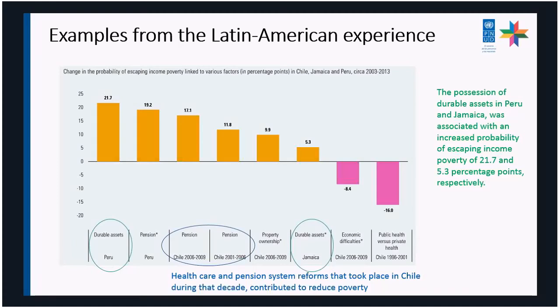Without a universal social insurance, without a comprehensive social protection system, access to credits, access to debt, a mechanism to create assets, is an important policy itself.